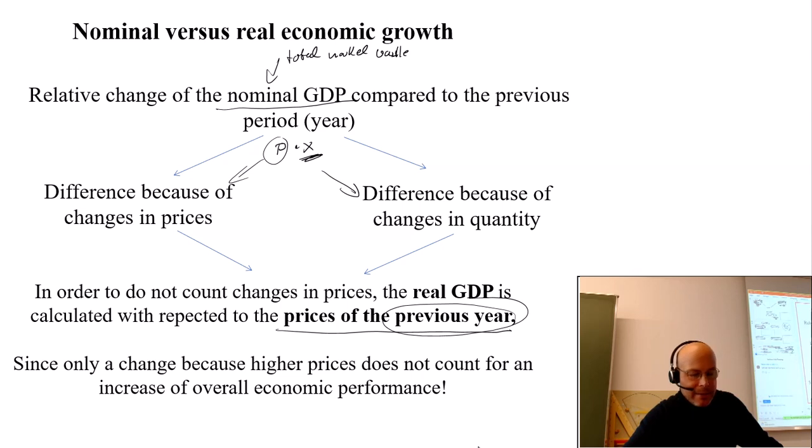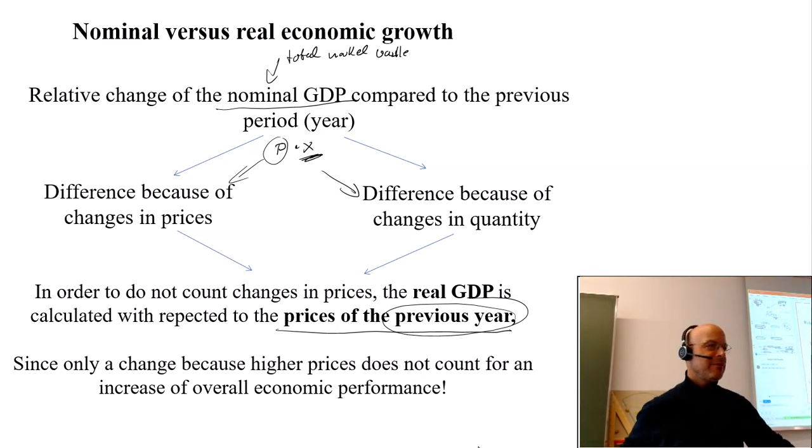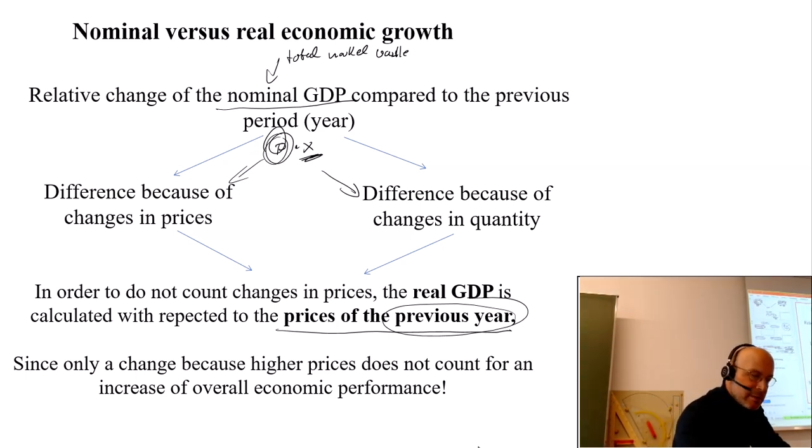Actually, this calculation just changed in 2005 because there is an easier concept for getting rid of these price changes. The easiest concept would be just fixing prices at one time period. Let's say we are measuring everything in prices of the year 2000. Then we hold just these prices constant.